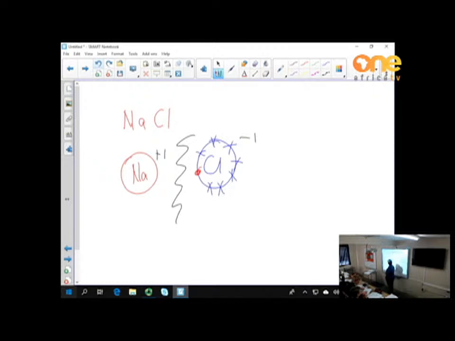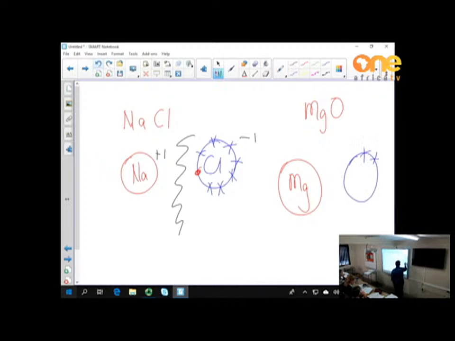What force lies between positive and negative ions? Coulomb or electrostatic forces. From what we've done previously, we consider these forces to be, relatively speaking, strong. If I look at something like magnesium oxide, MgO, I have a magnesium atom and an oxygen atom.